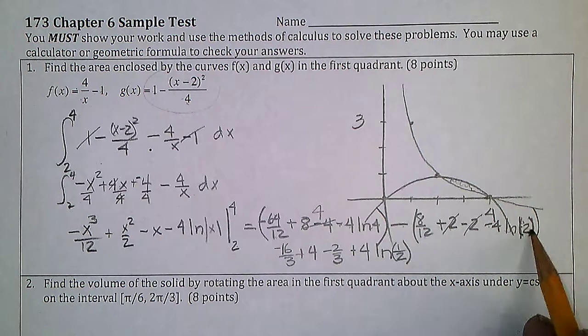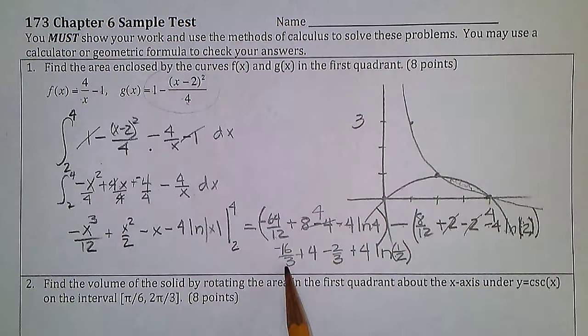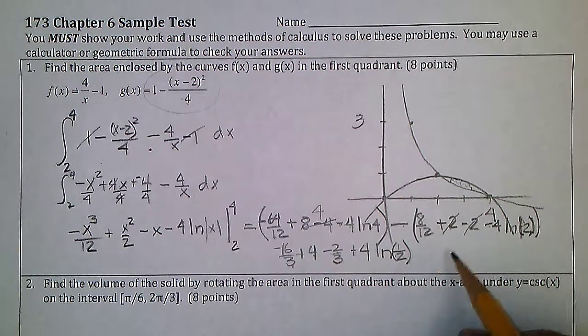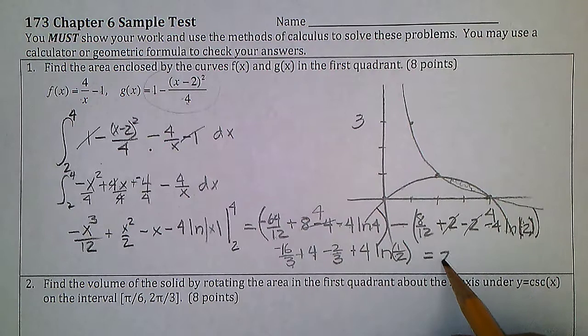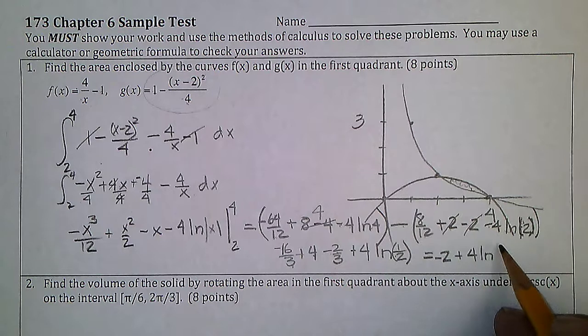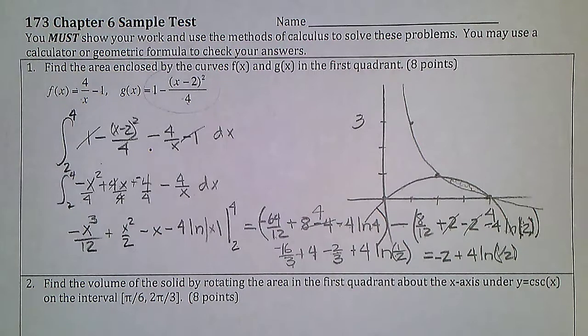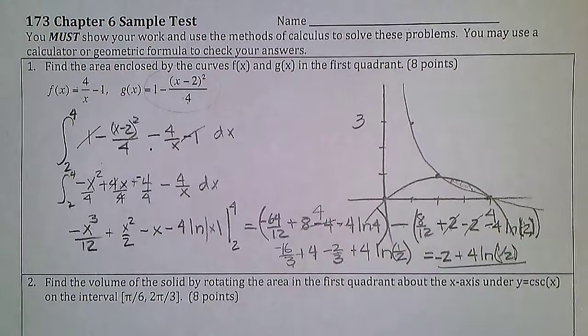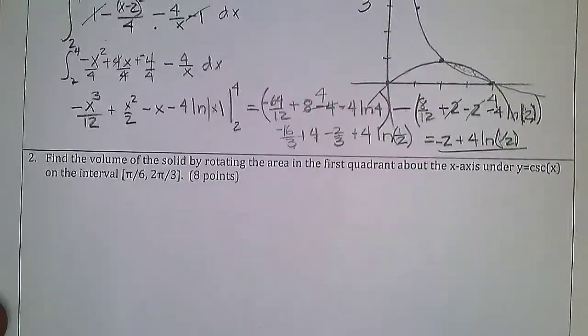So 16 minus 8, so that would be minus 18/3, which is minus 6, plus 4 is minus 2, plus 4 ln 1/2. There's more I could do, but if I haven't made a mistake, that's hopefully correct.